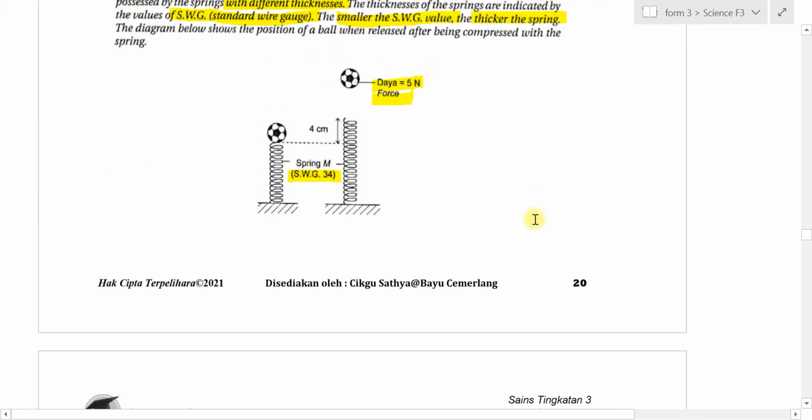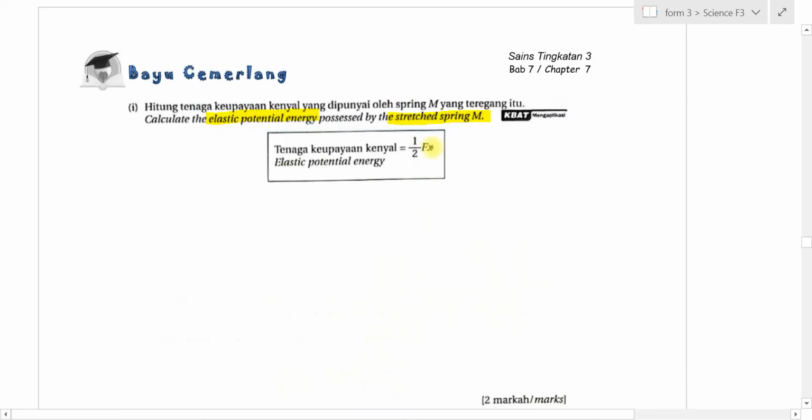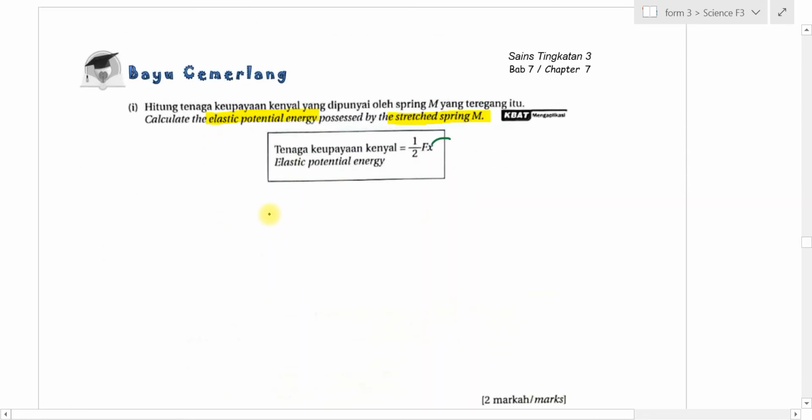Very good indeed. So the extension was 4 centimeter. Can you see? Because you compress until 4 centimeter here and then you release. So the compression or stretching is known as the x. And the force involved here is 5 Newton. Remember that. So 1 over 2, the force was 5 Newton, and the extension was 4 centimeter. Beware of this trap.